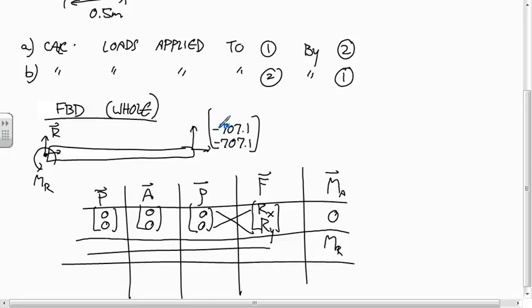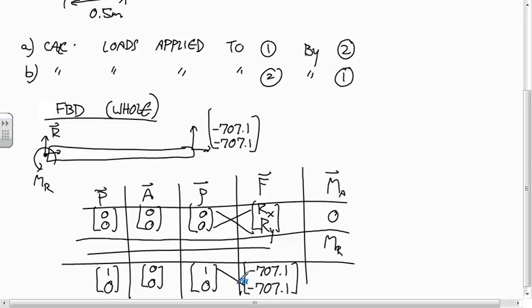And then the last one is this force on the right end. The coordinates there are 1, 0. The about point is still the origin. So the row vector is 1, 0. The force vector is negative 707.1, negative 707.1.